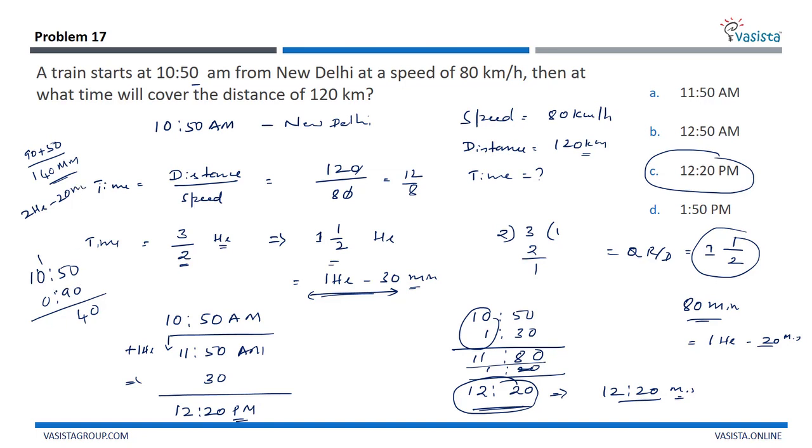So you make it 20 minutes and take 2 as carry, which is going to be 12:20. This way also you can do.